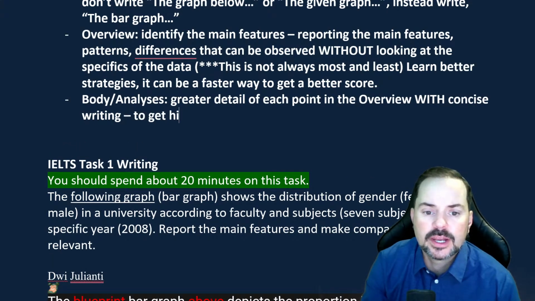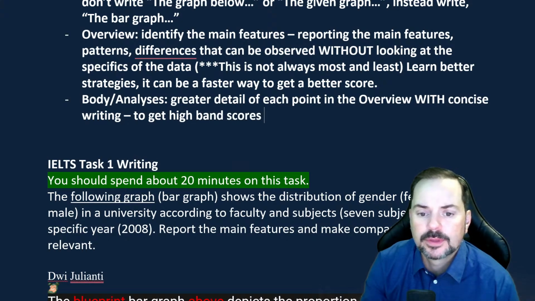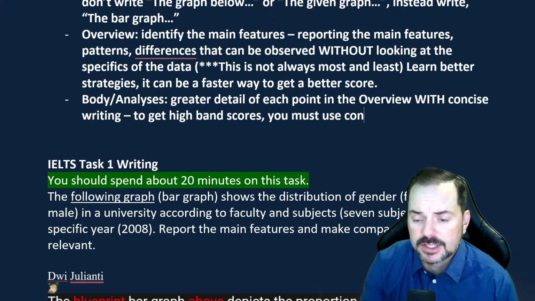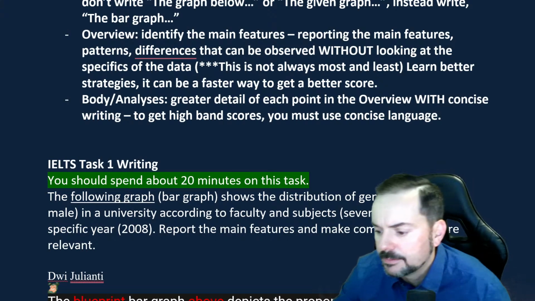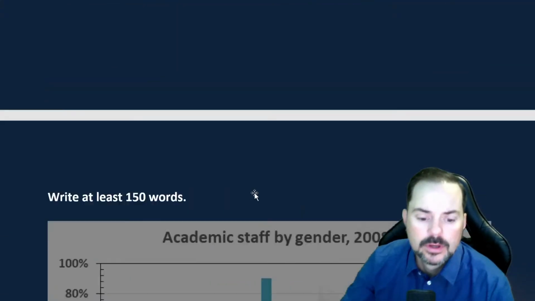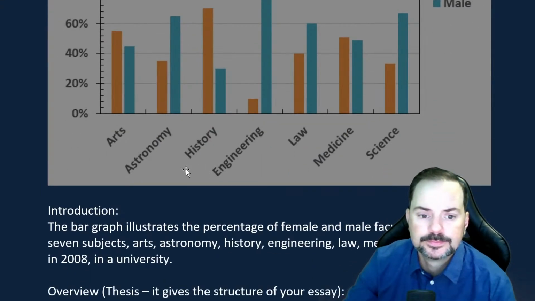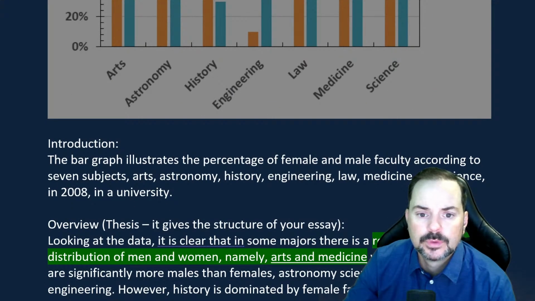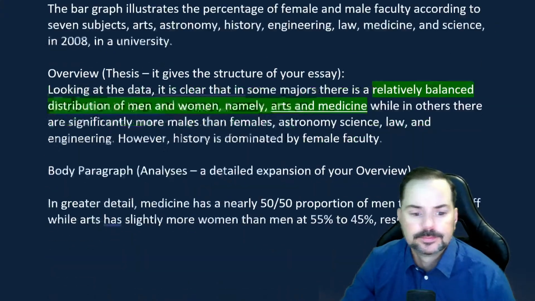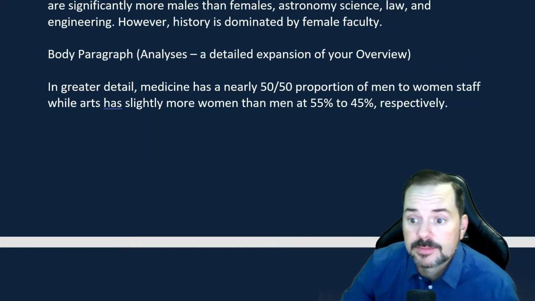To get high band scores, you must use concise language. All right, so let's do that. This is my second point.